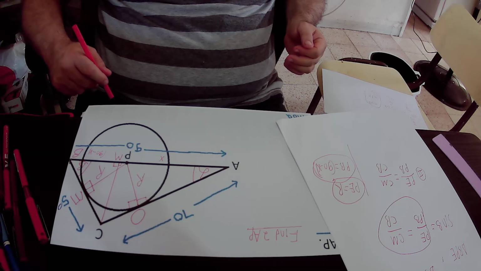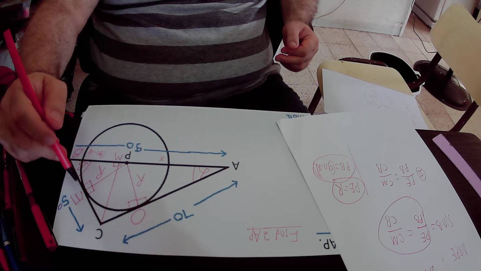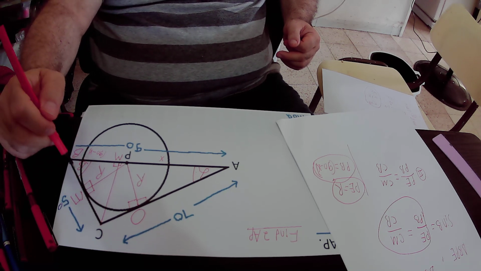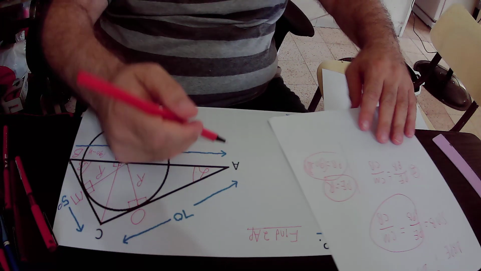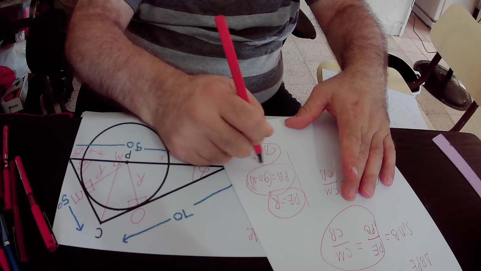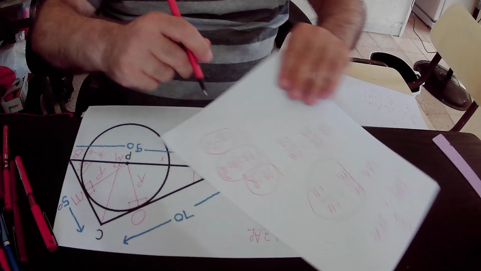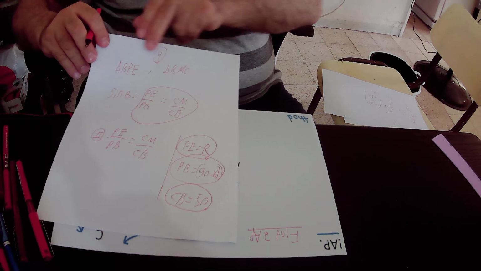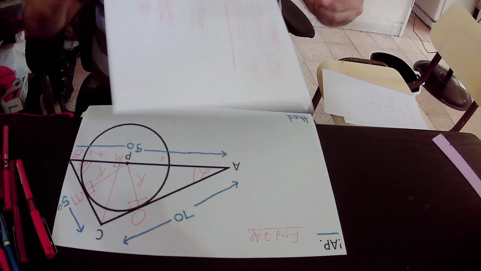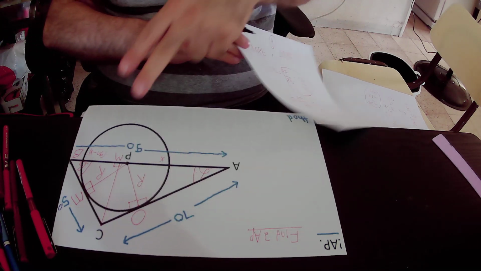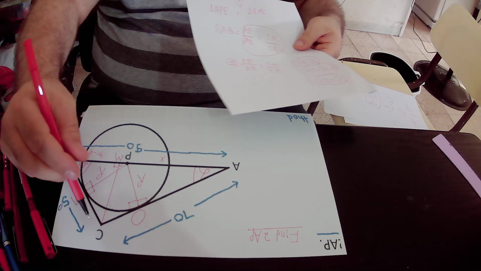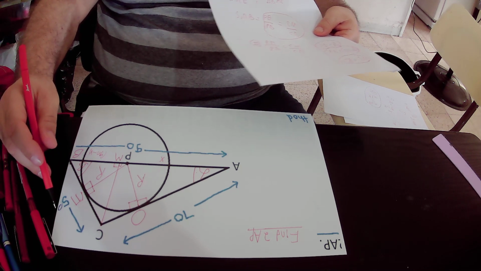And the value of CB is given to us in the question, and the value of CB equals 50 units. So I repeat again, PE equals R, the radius of the circle, PB equals 90 minus x here, and CB equals 50 units.